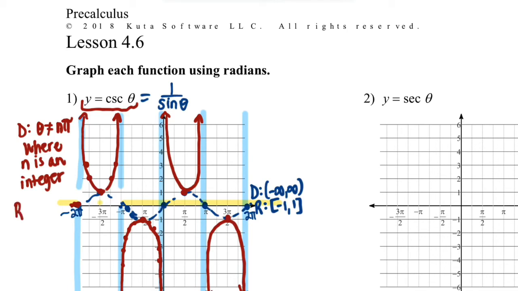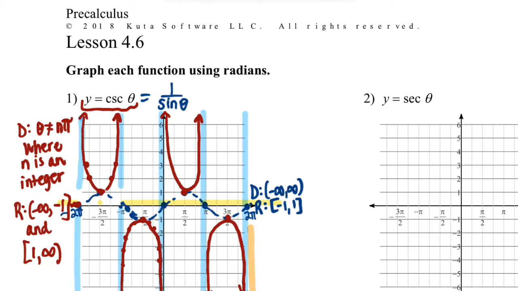And your range, this is the more important part that I wanted to get to, your range has all the outputs from negative infinity to negative 1 and all the outputs from positive 1 to infinity. So let me show you with the highlighter.